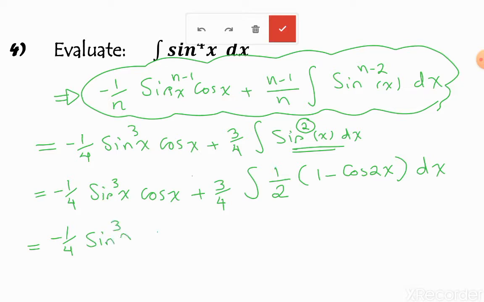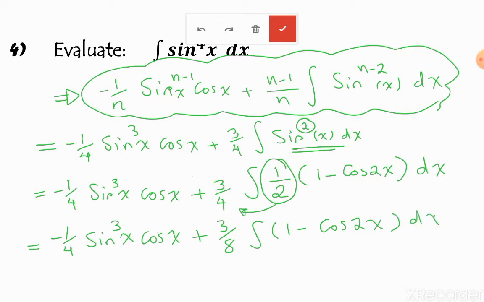sine to the power of 3x cosine x plus, we can write it now as 3 over 8, because 1/2 is a constant, we can take it outside the integral sign: 1 minus cosine 2x dx.